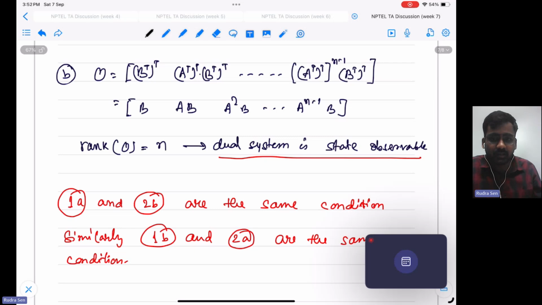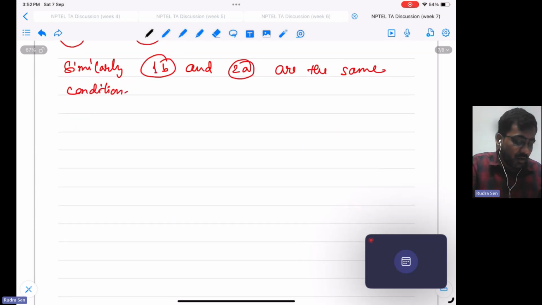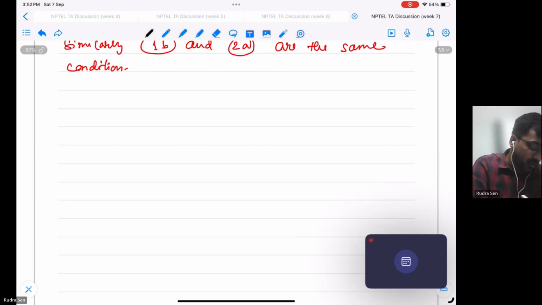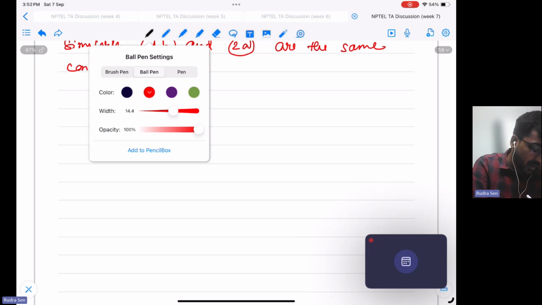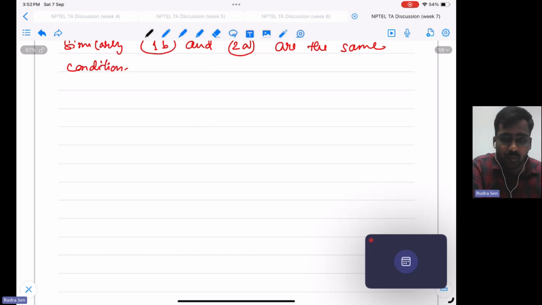We cannot say the dual system is not fully state observable while saying the system is fully state controllable; these two are contradicting, because they have the same condition. So this is the duality principle. Now moving to the next segment, which is pole placement.